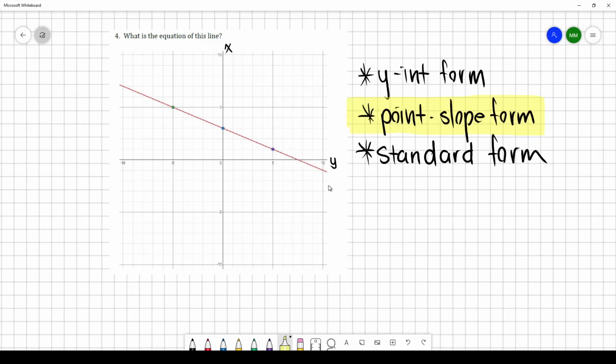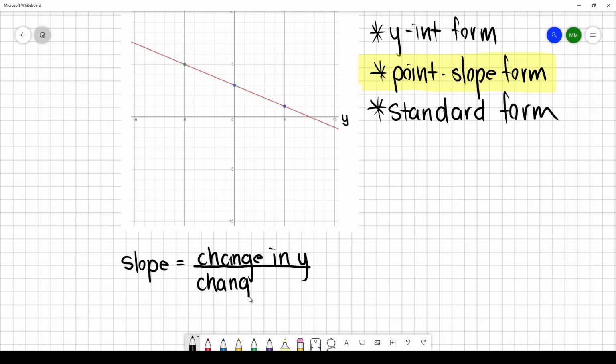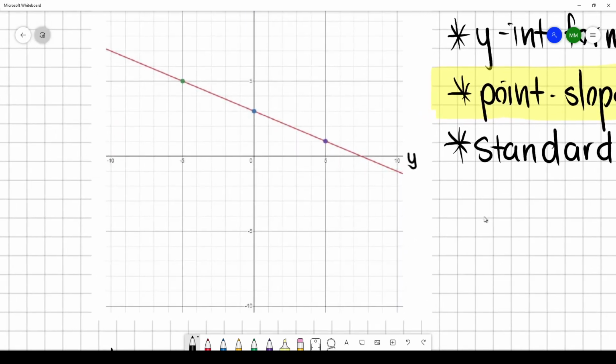So with point slope form, you need a slope. So what's the slope? Change in y over change in x, always. So what's the change in y?